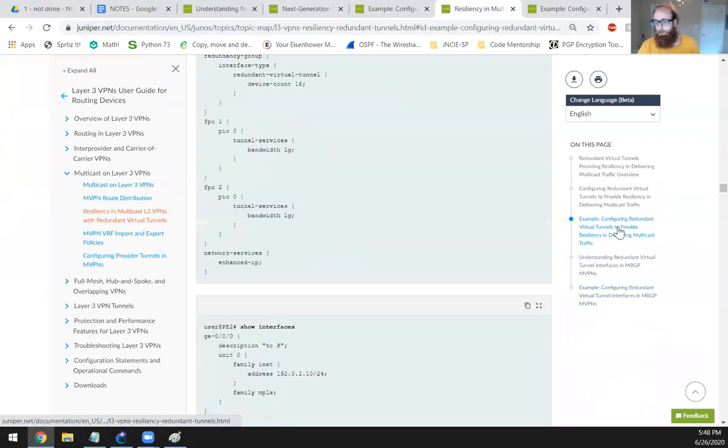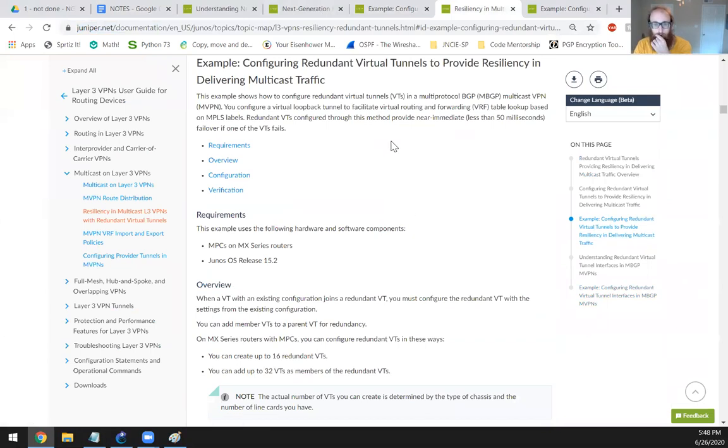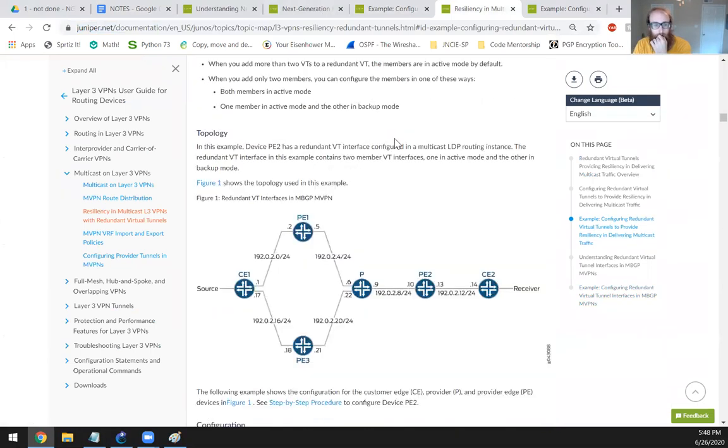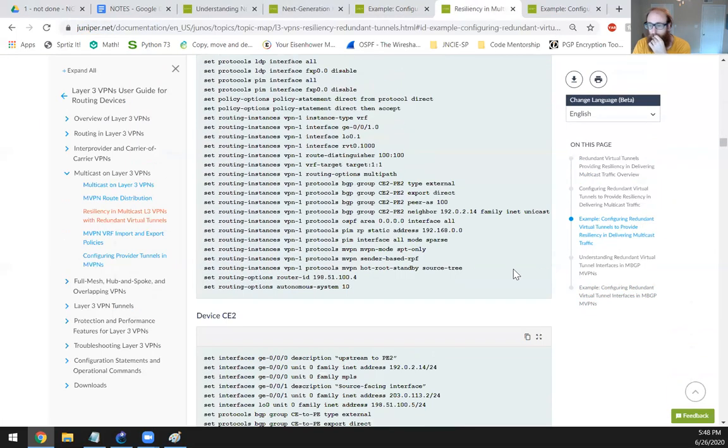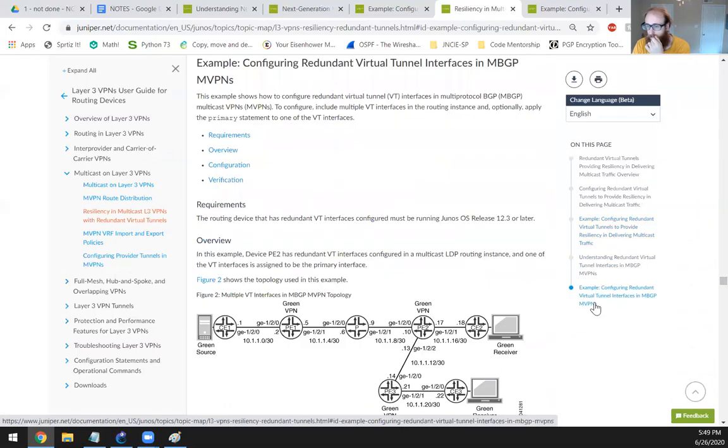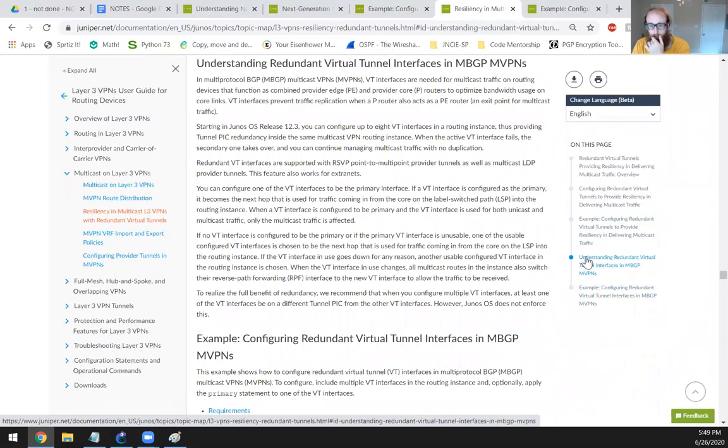We've also got redundant virtual tunnels. I'm not sure what this is all about, but that doesn't have the word MVPN in it, which at this point is a word to me because I've read so much about it.